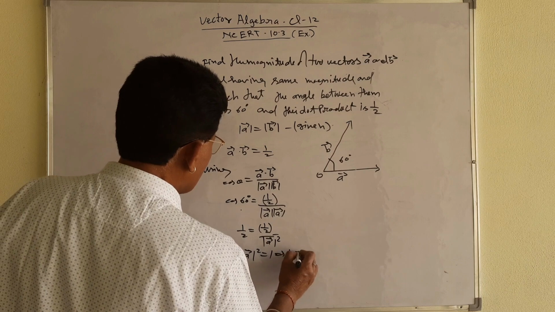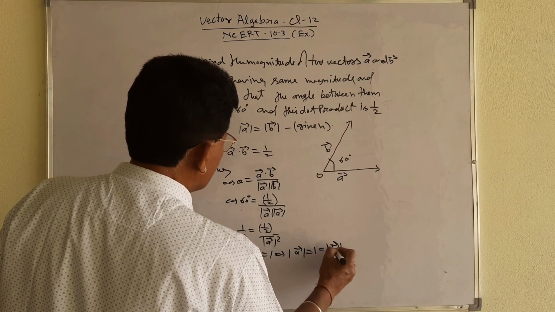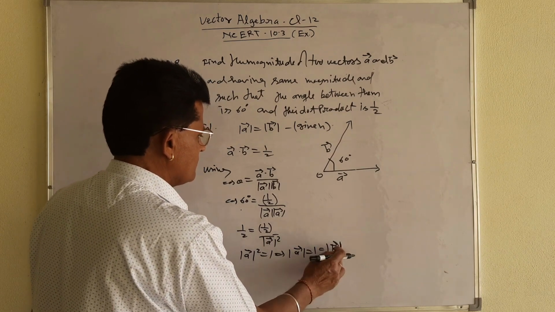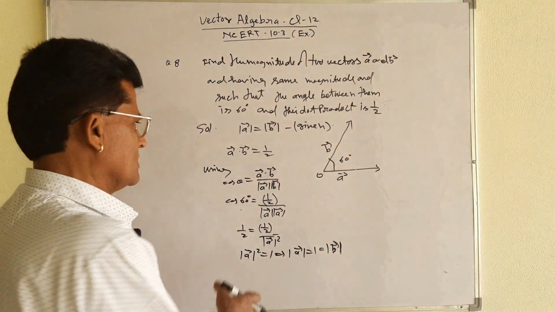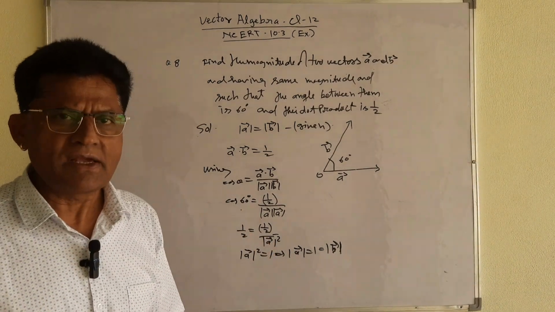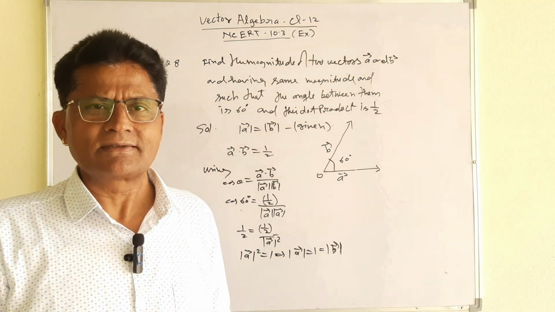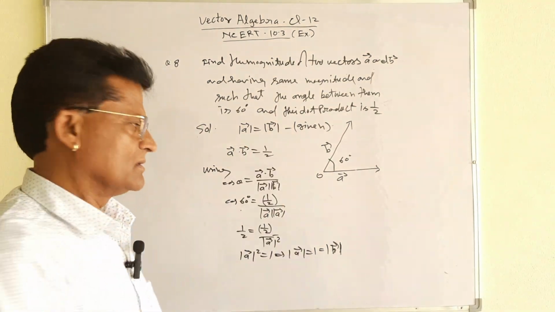Implies that magnitude of A is equal to 1 and it will be equal to magnitude of B. Magnitude of A and magnitude of B are the same, that is 1 in both the cases.